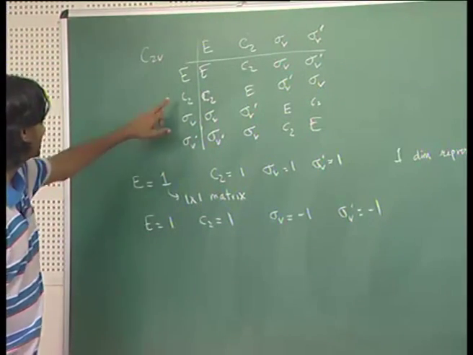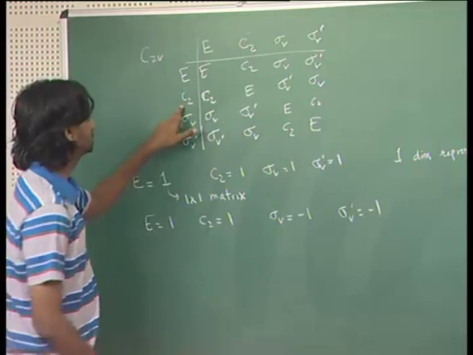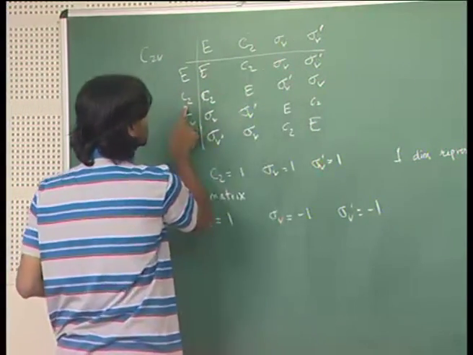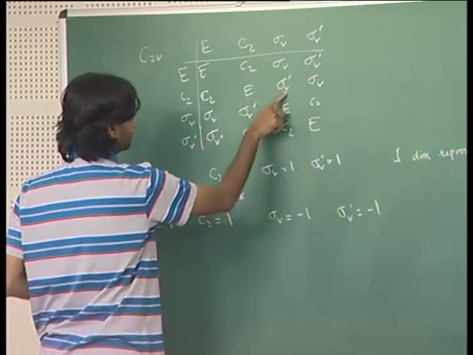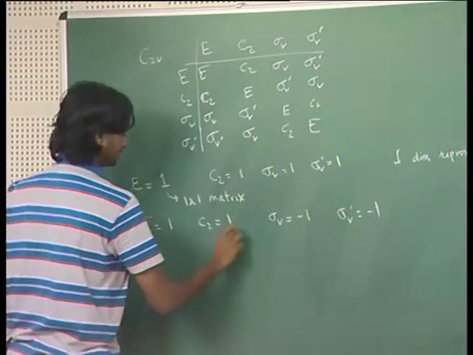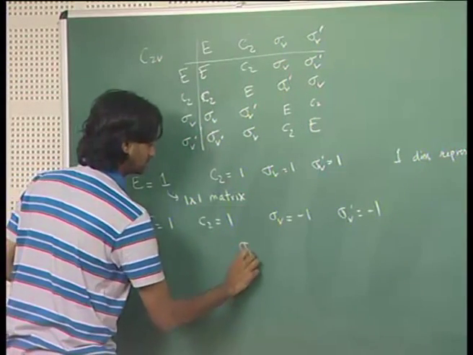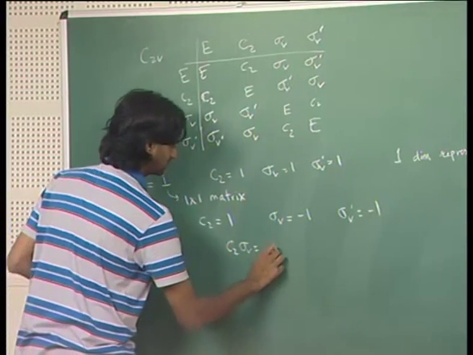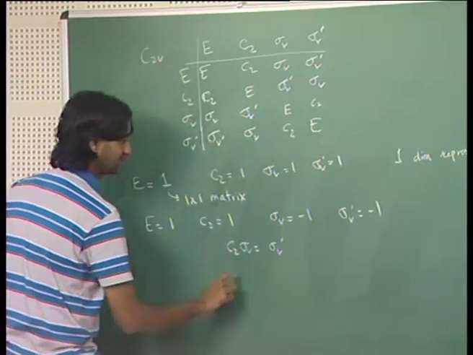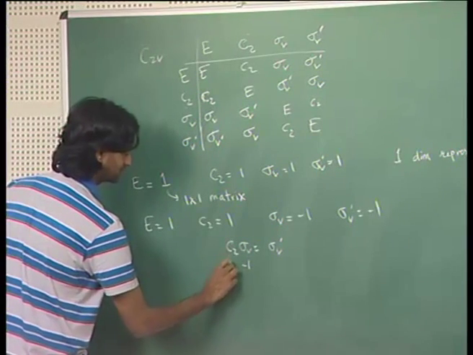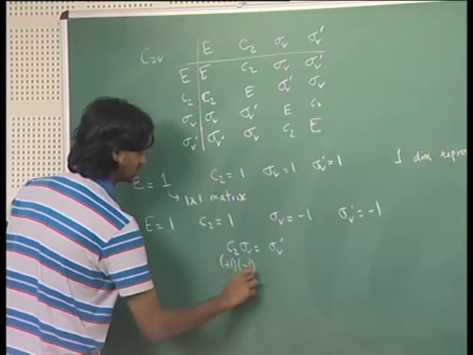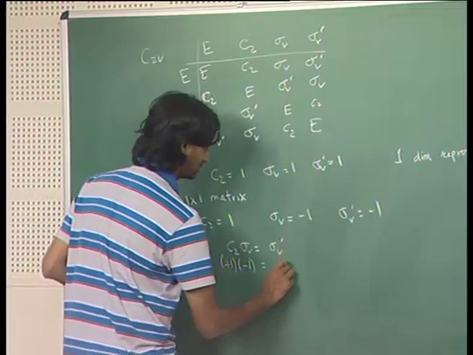But you can also see that if I take sigma V times C2, it should be sigma V prime. Now, sigma V has a representation minus 1, C2 has plus 1, and this is equal to minus 1.